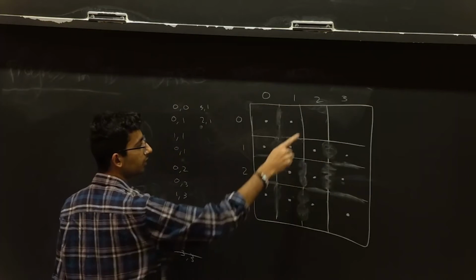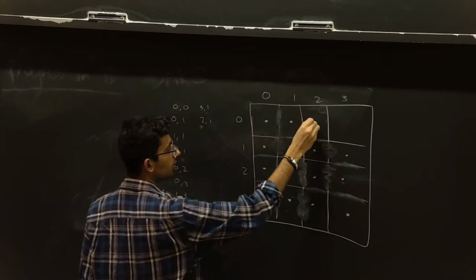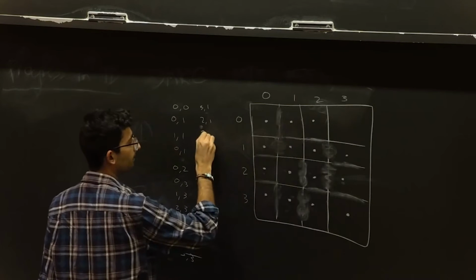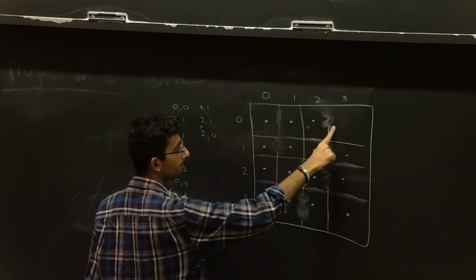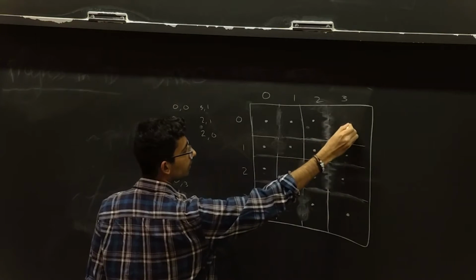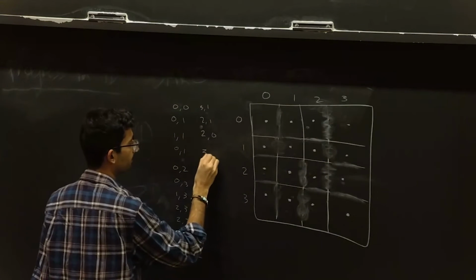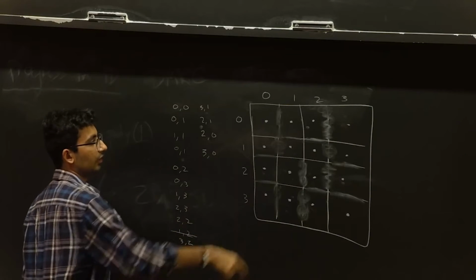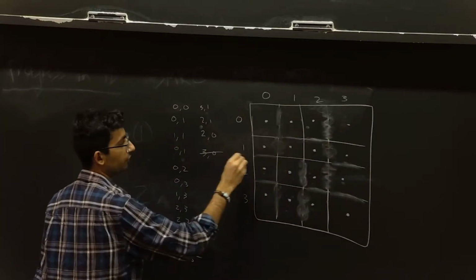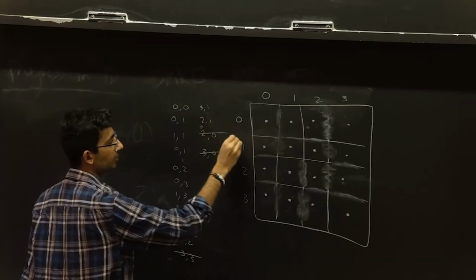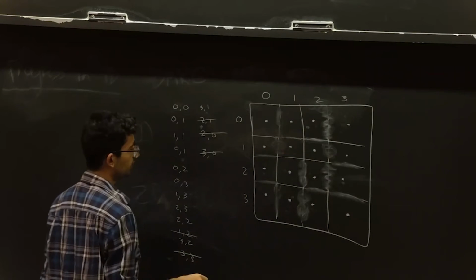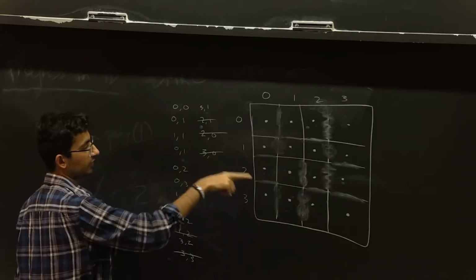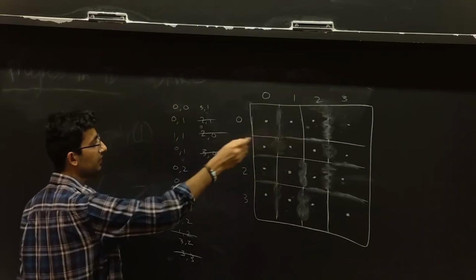From 2, 1, maybe I want to erase this and go to 2, 0. And from 2, 0, maybe I go here to 3, 0. Now 3, 0 has all of its neighbors fulfilled. 2, 0 has all of its neighbors fulfilled or visited. 2, 1 has all of its neighbors fulfilled or visited. And we can keep going through this process, and we know every single neighbor has been visited.